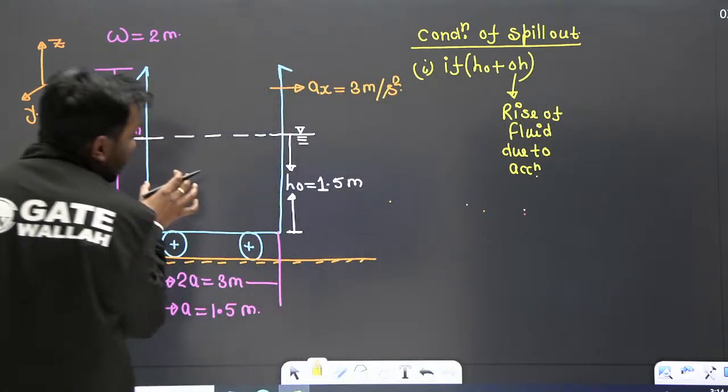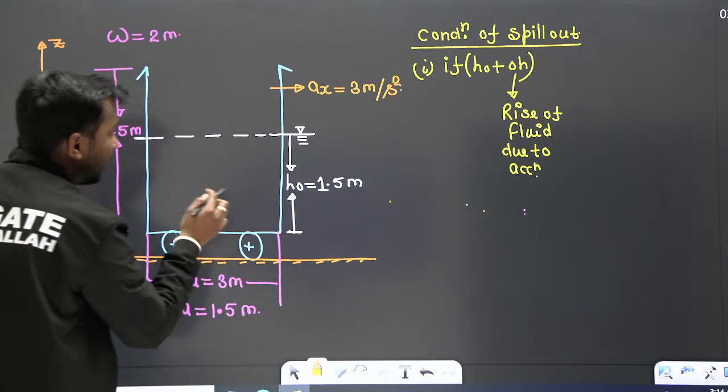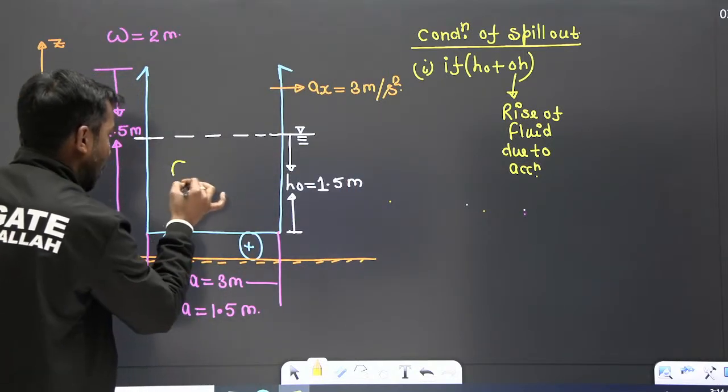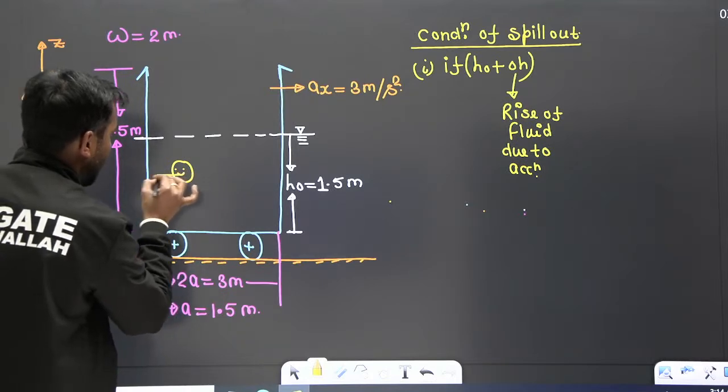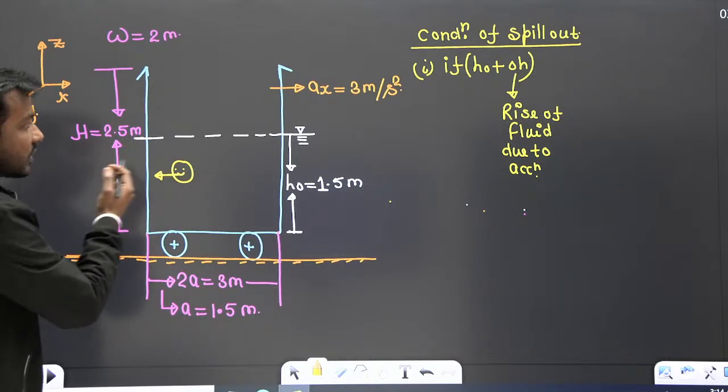Due to acceleration. Clear? What will happen when the trolley is moving in horizontal direction, in positive x direction? Then the fluid molecules should feel a pseudo type of force opposite to the motion.